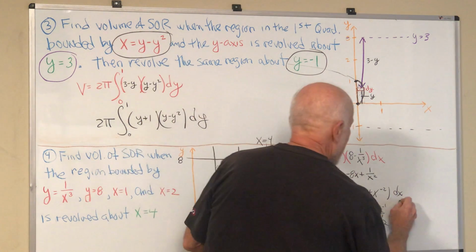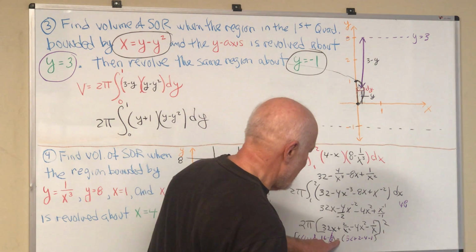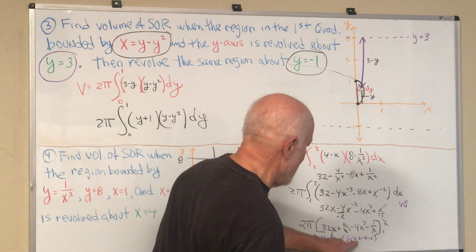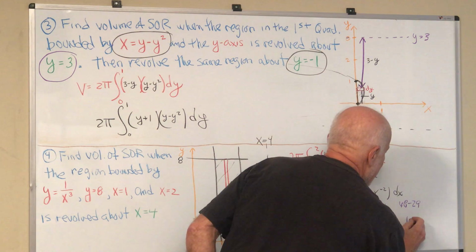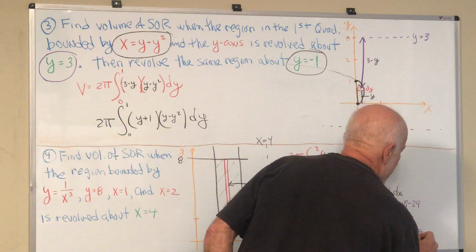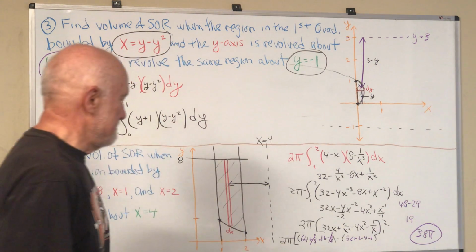So altogether, 48 minus 29. So we get 19 times the 2 pi, or 38 pi. And that would be the volume.